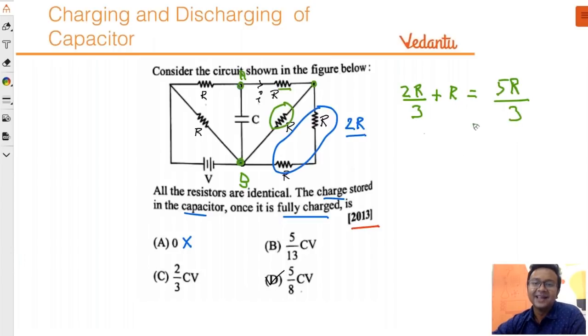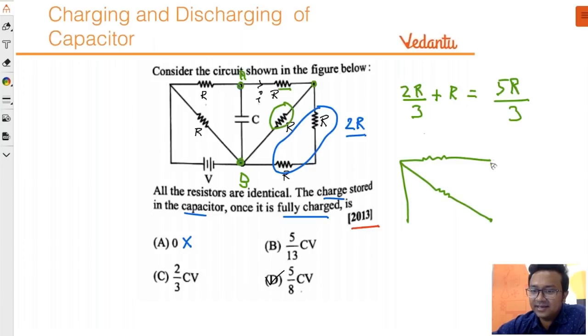Then I can have this entire circuit redrawn in a way that I have here my resistance R. Here again I have another resistance R. Between this I have my capacitor placed.